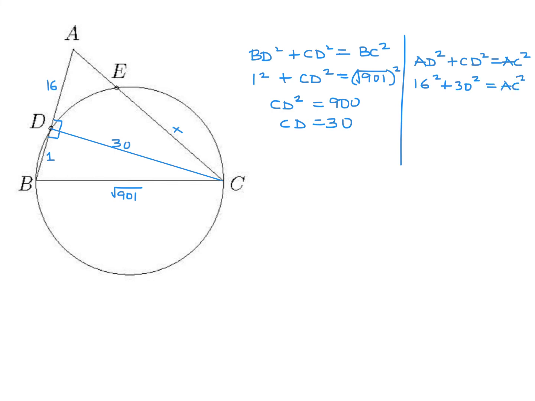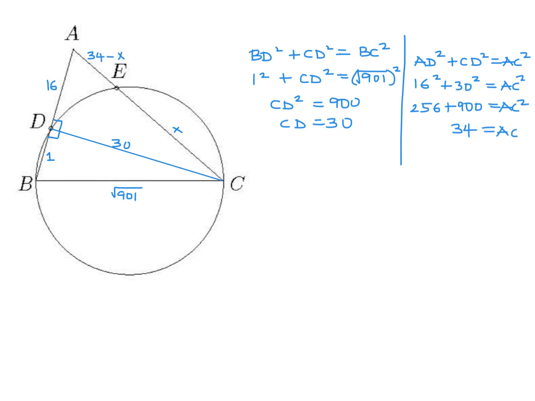So this is what, 256 plus 900 is AC squared. And therefore, we have AC equal to 34. Okay, so that means from there to there is 34. So if this is x, this A to E would be 34 minus x, correct? Yeah.